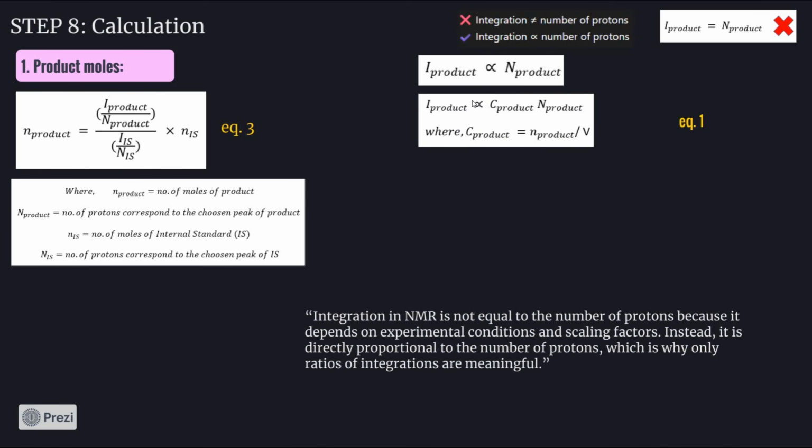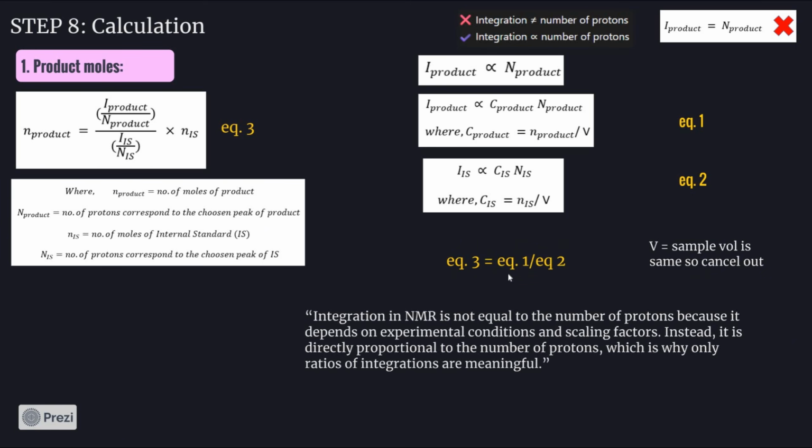We can also write this equation in this form, where we introduce the concentration part. So C is equal to the number of moles of the product divided by the volume. Let's say this is equation 1. Similarly, we can write the equation for the internal standard: the integration of the internal standard is directly proportional to the concentration of the internal standard multiplied by the number of protons of the internal standard. Now you have to divide equation 1 by equation 2 to get equation 3.